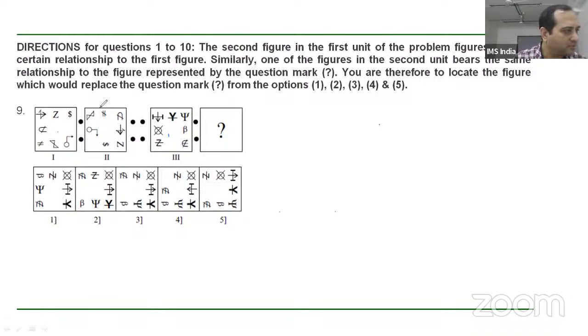Correct, correct. Good, guys. Good. All are right as of now. Good, good. All are correct as of now.